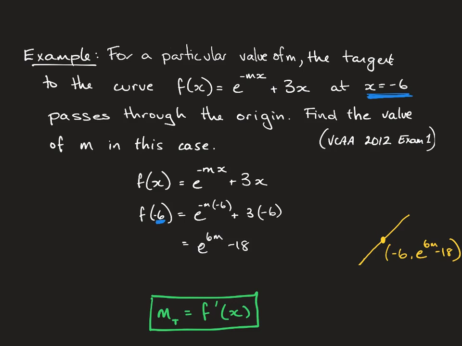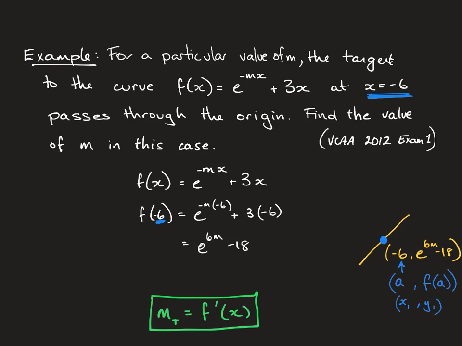When we do this, we end up with e to the 6m minus 18. This is our a value that we're evaluating at, and this is our f of a. Or if you like, this is x1, y1, our point.